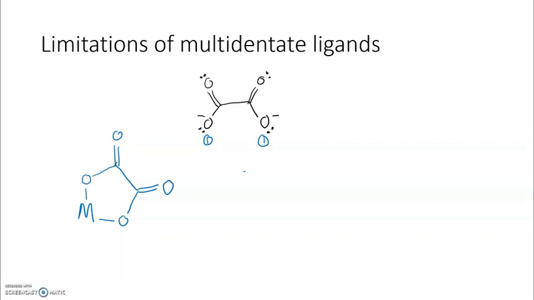What we formed here is a ring with the ligand being bridged over by the transition metal ion. And in this case, we've got a 5-membered ring. 1, 2, 3, 4, 5 atoms within the ring.